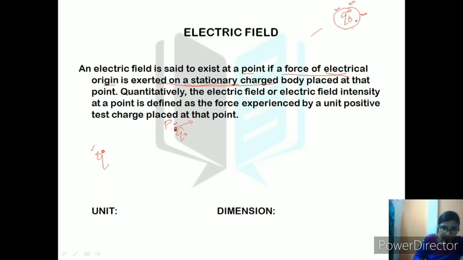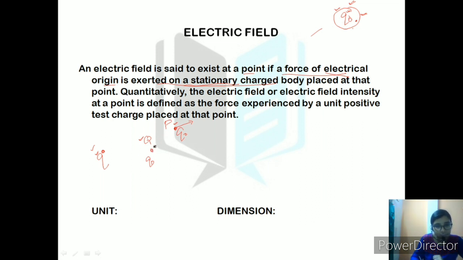Now here see, I will move it closer and closer. Suppose q naught is here. Now if we compare these two cases, in which case will the force experienced be more? Obviously in this case, closer to q, right? That means here the value of electric field will be more.